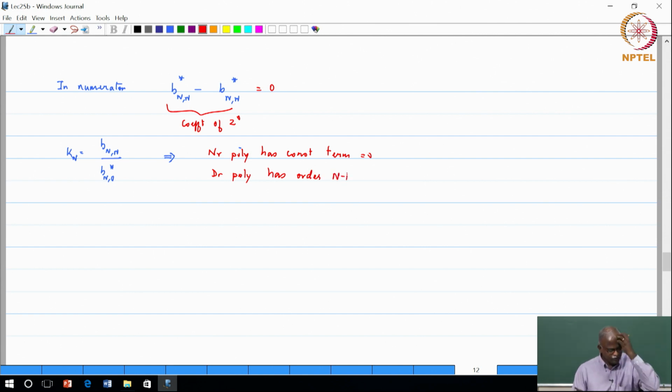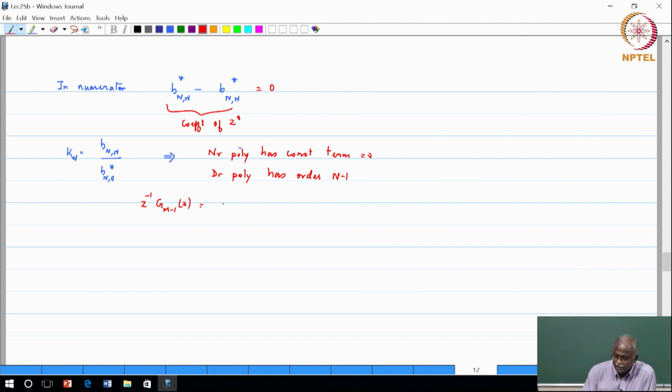So, therefore, we can write the transfer function z inverse G n minus 1 of z, that is the transfer function that was there, and the numerator has order 1 less.